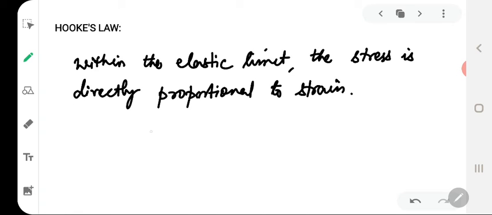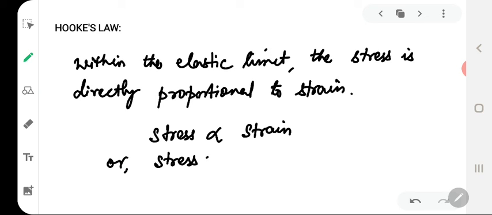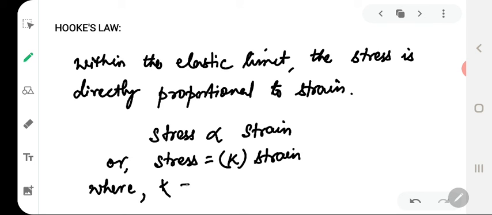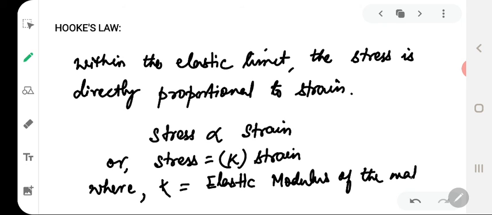So we have stress directly proportional to strain, or we can write down stress to be equal to a constant K times strain, where constant K is called the elastic modulus of the material.